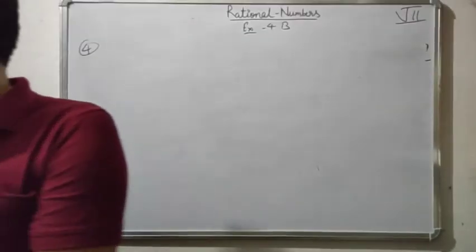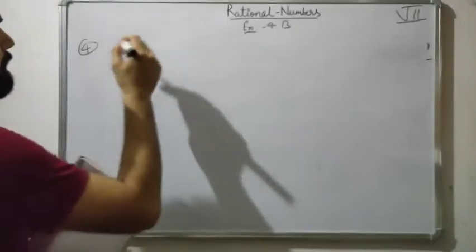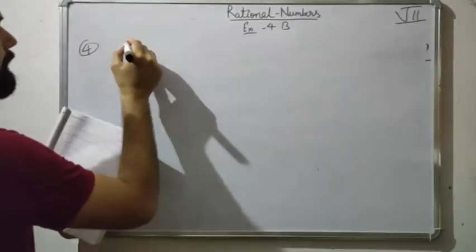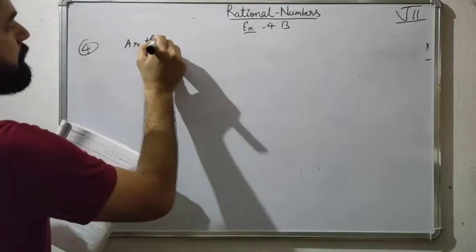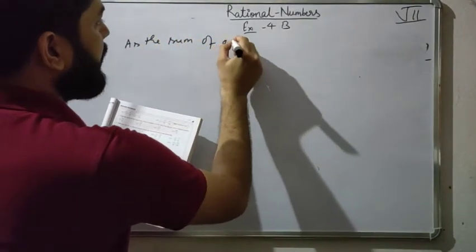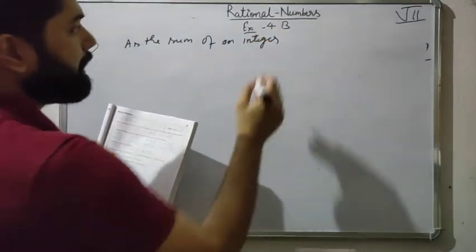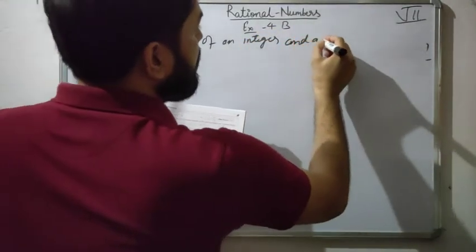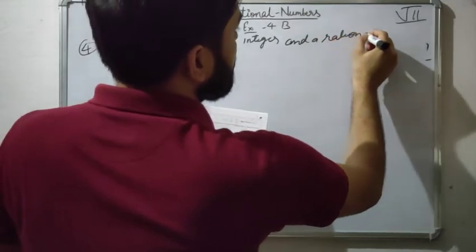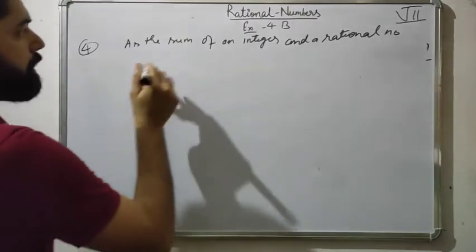Question 4 is saying express each of the following as the sum of an integer and a rational number.